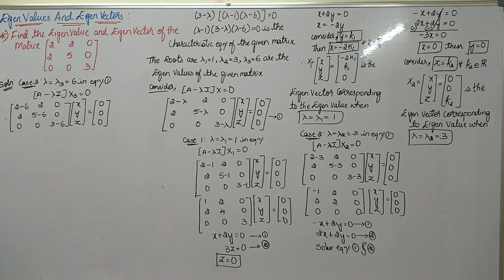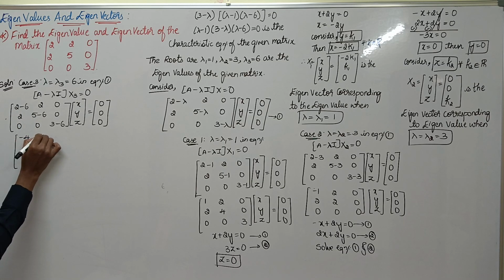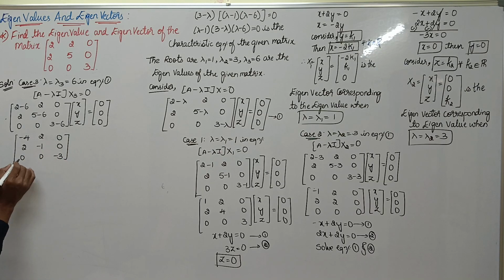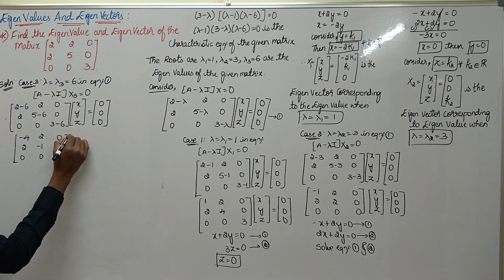Done. Now simplify. 2 minus 6 minus 4, 2, 0, 2, 5 minus 6 minus 1, 0, 0, 0, minus 3.